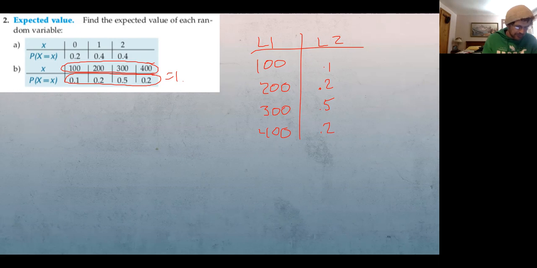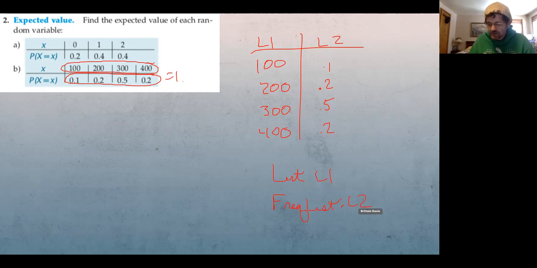Again, list is list 1, and frequency list is going to be list 2. Then you can calculate, and it's going to give you your expected value, your x bar. Remember, it's your mean. So in the long run, we would expect to get 280 as the value from this.